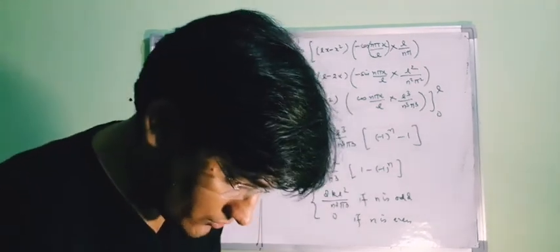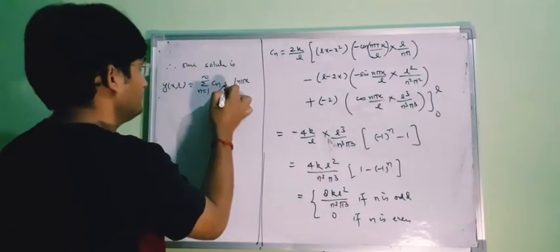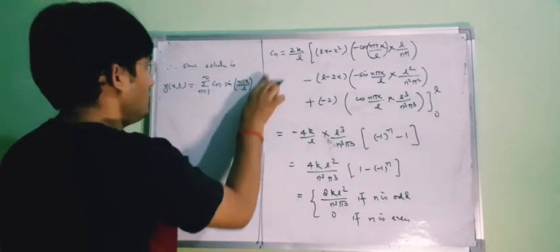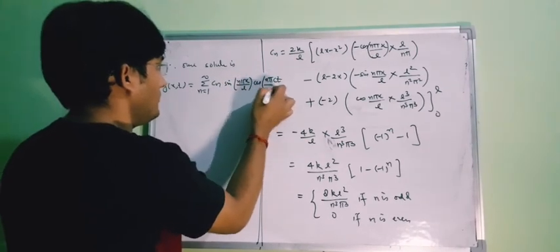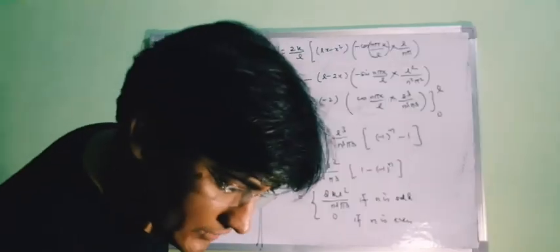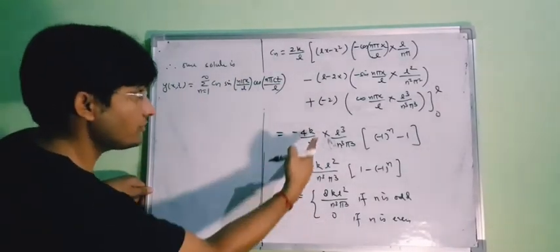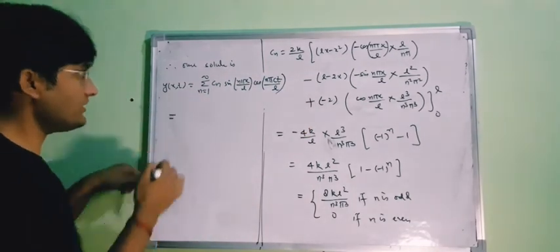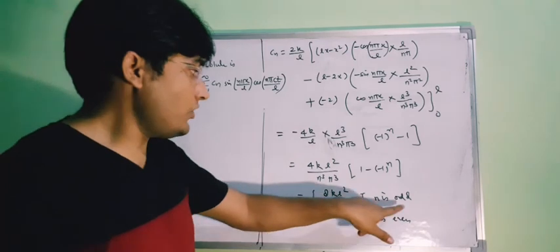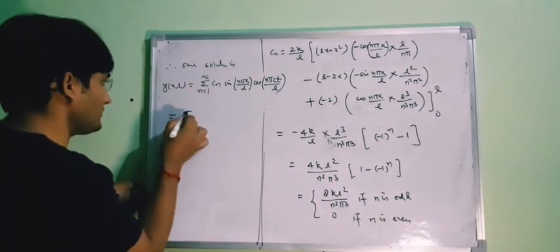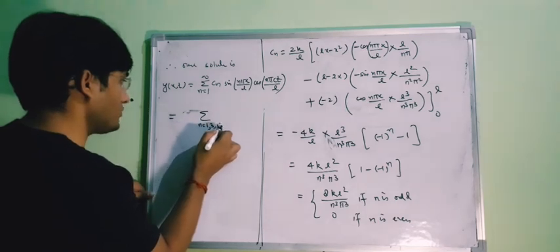Our initial solution was Cn sin n pi x upon L into cos n pi ct upon L. This was our solution. So put the value of Cn. Now Cn is equal to this term for n odd. So let us take the summation over odd n, that means n equal to 1, 3, 5 and so on.